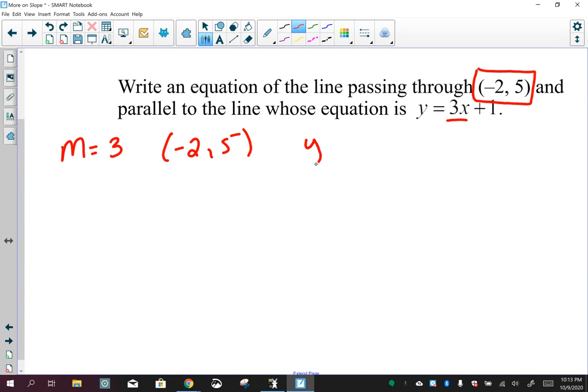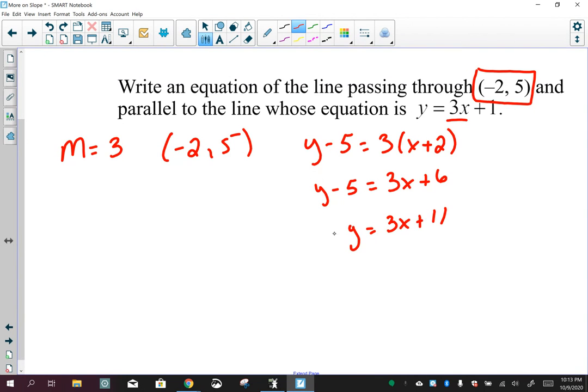So y - 5 is equal to 3, because that's the parallel slope, times (x minus a minus 2), and that makes it a positive 2. So y - 5 is equal to 3x + 6. Kick that 5 over, so y is equal to 3x + 11.